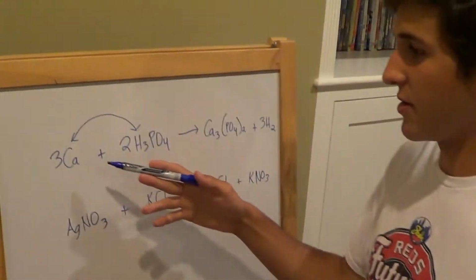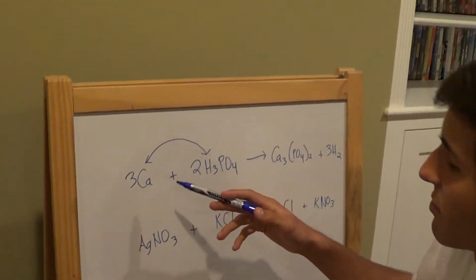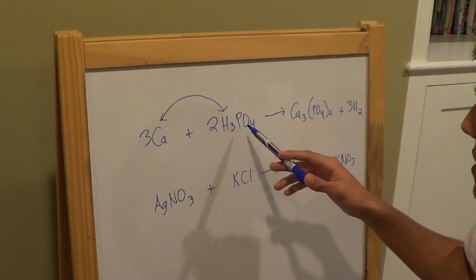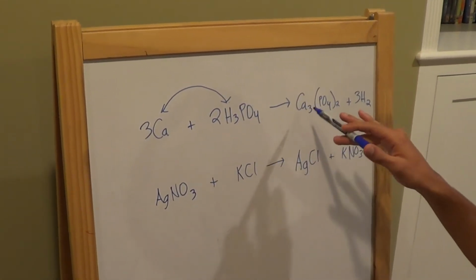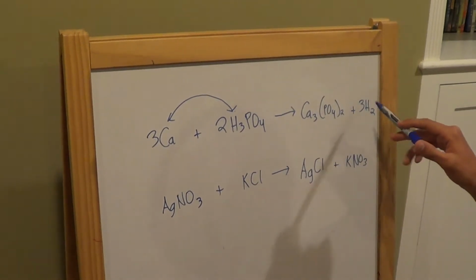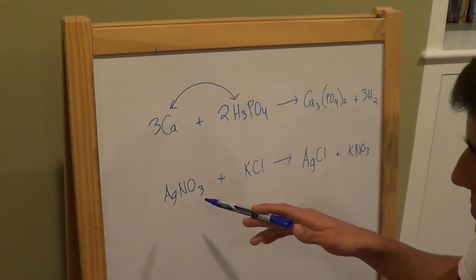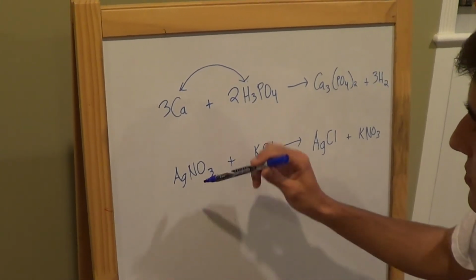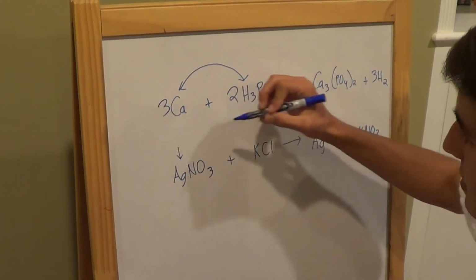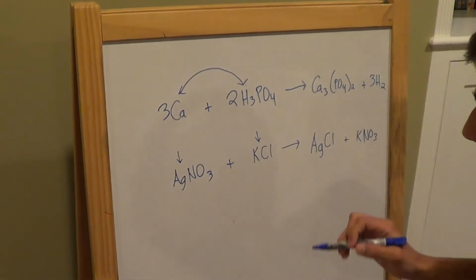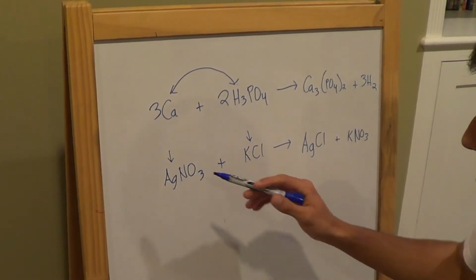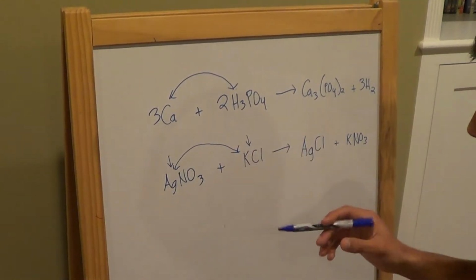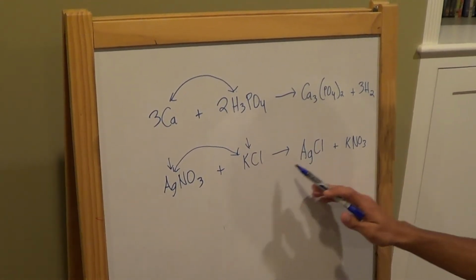So up here in the single replacement, instead of one lone element switching with the cation in a compound and then producing a compound and then the other lone element, in a double replacement reaction it'll be 2 compounds, and then the cations, which are the positively charged ones, within the compounds will switch with each other and then create two different compounds.